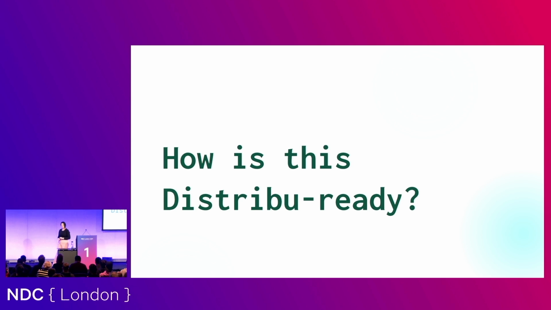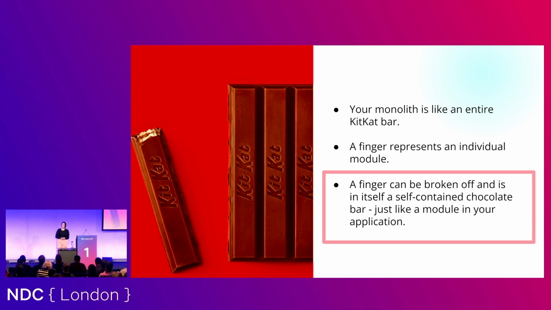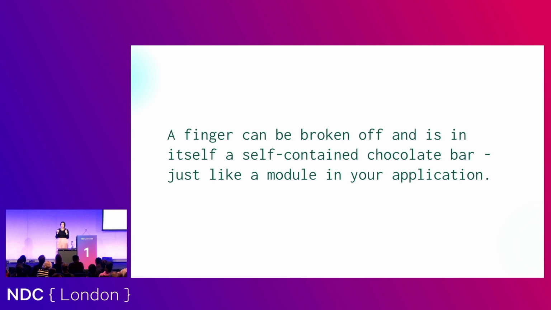So, how is this Distribu-ready? That's the title of the talk. How do we actually start breaking up this system and making it a distributable system? Remember the last section, when we were talking about the Kit Kat pattern. A finger can be broken off and is in itself a self-contained chocolate bar, just like a module in your application.